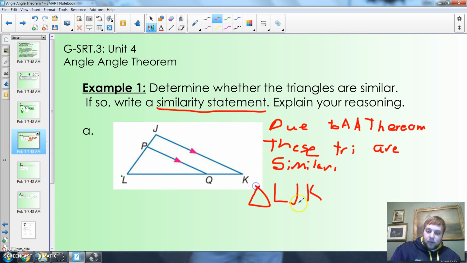Triangle LJK is similar to triangle LPQ.